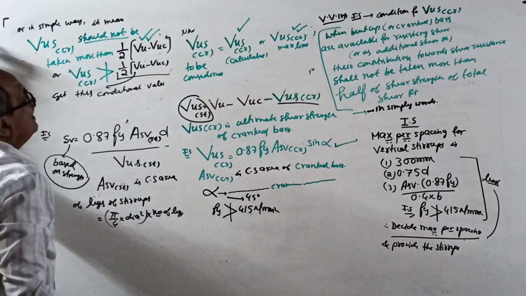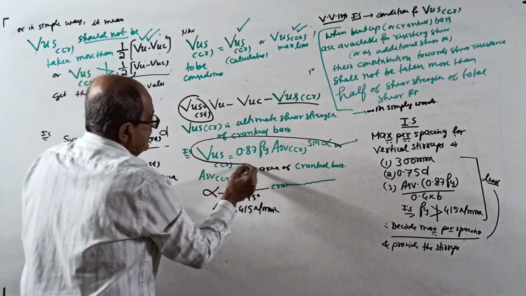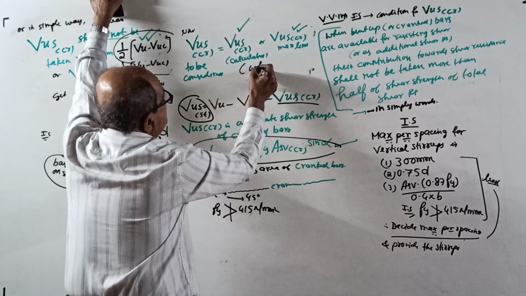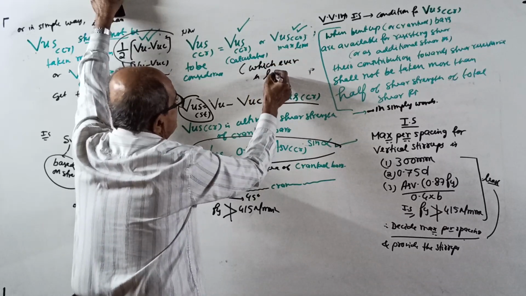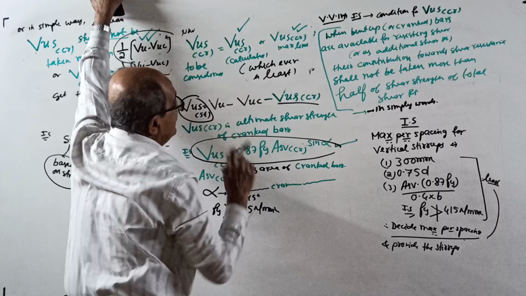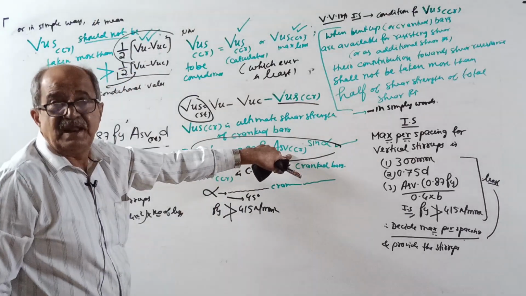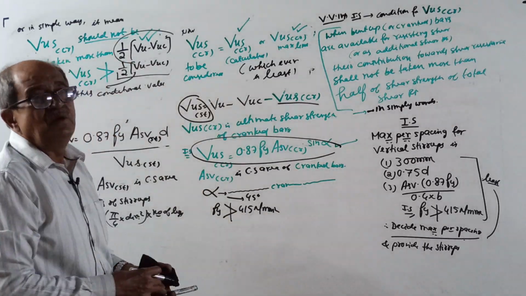Among the two, whichever is least. You compare what you got by formula substitution with this conditional value and take whichever is least.